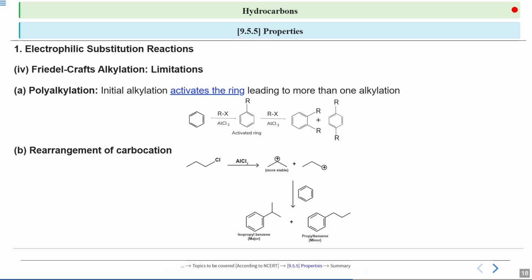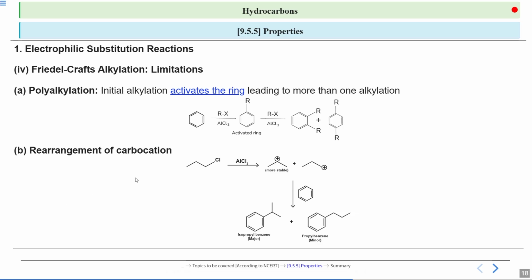Basically, the hydrogen from the middle carbon can move on to the positively charged carbon, creating a secondary carbocation. You can see in the image that it is forming, by rearrangement, a secondary carbocation, which is more stable. As a result, this carbocation will react predominantly to produce isopropyl benzene. The propyl benzene will also be produced, but in a minor amount.